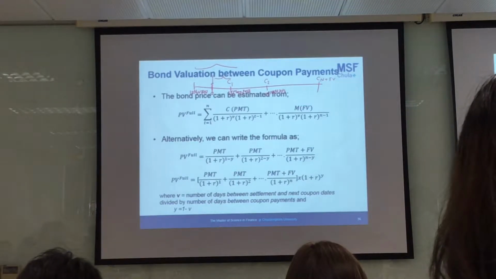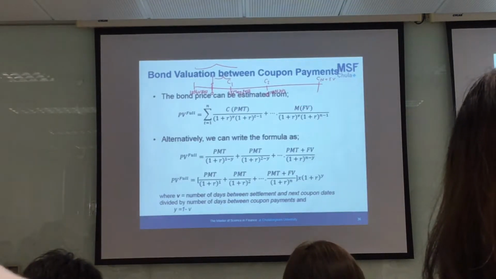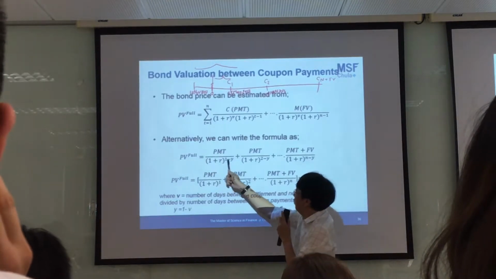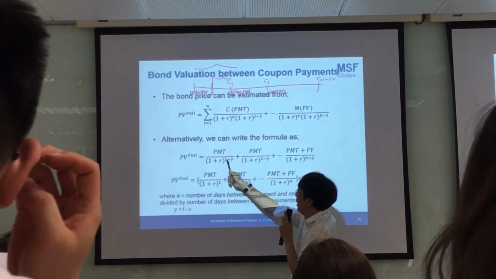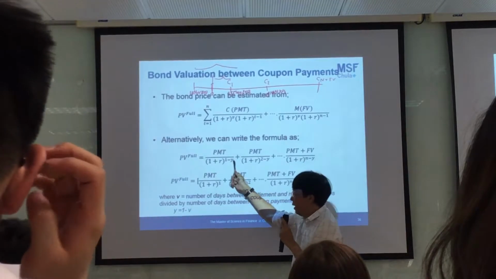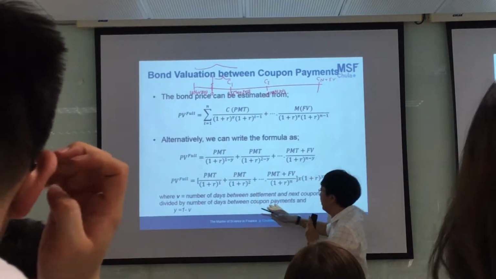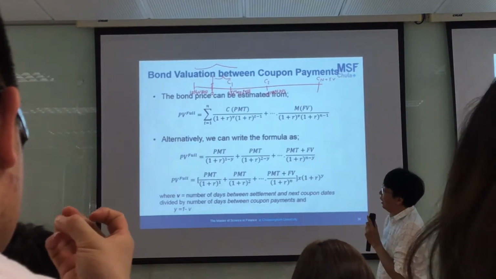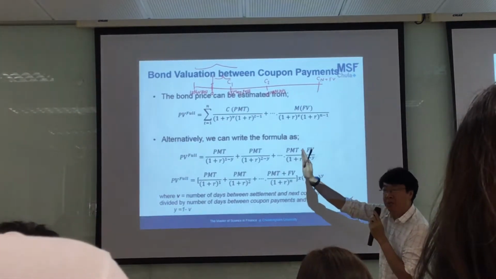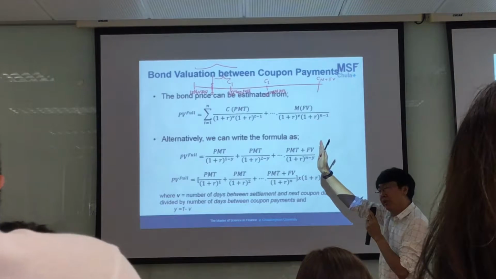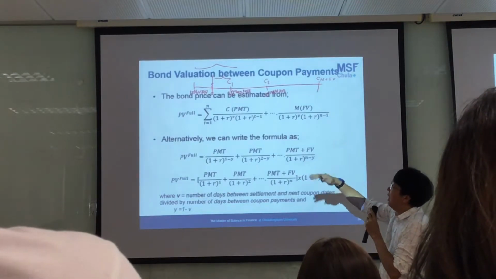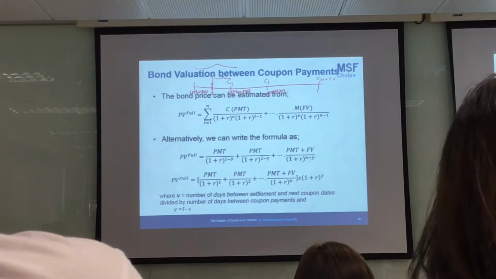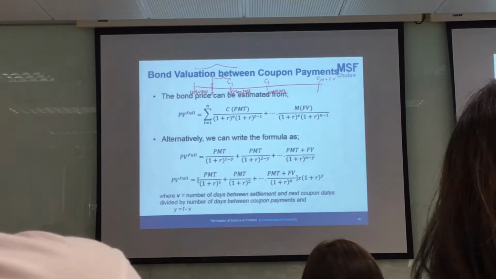However, PMT or the coupon will be divided by 1 plus R over 1 minus Y. And Y is just the number of days between the last coupon payment until the settlement date, divided by the number of days between the last and the next coupon payment.